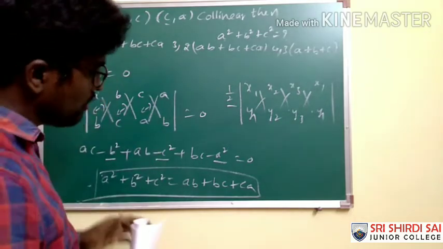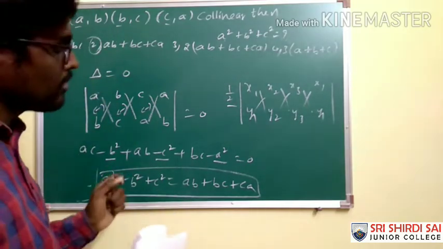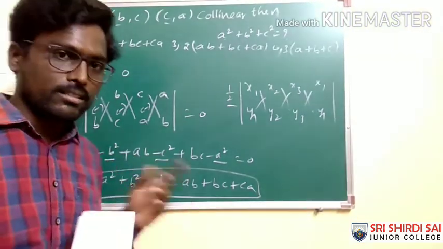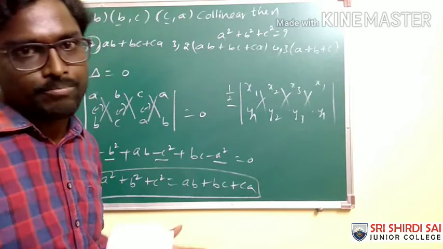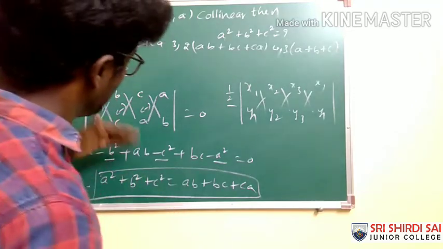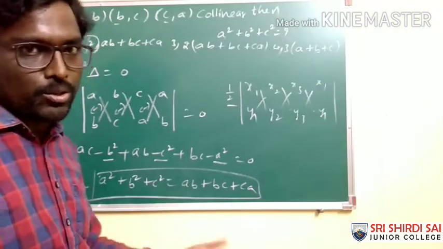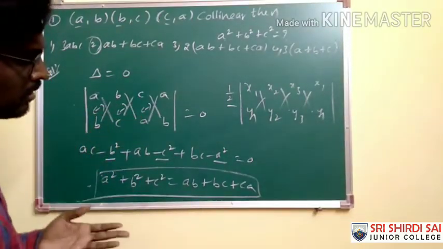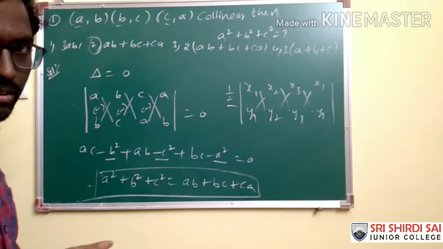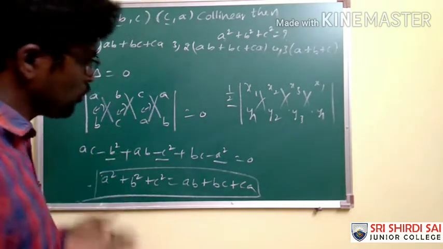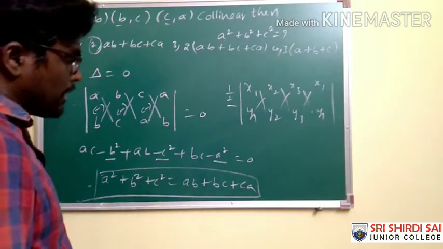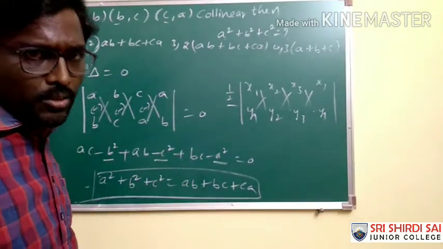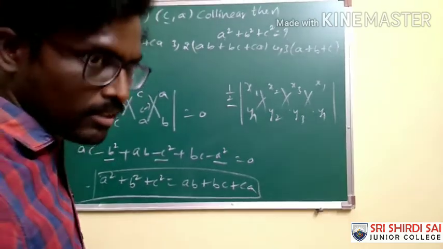I want to tell you the same problem with the help of the other formula, so that you can understand the time difference between this method and the next method we are going to discuss. To discuss this particular method, I think not more than 1 minute is required to solve. Since I am explaining, it may go beyond that. If you apply it like this, not more than 1 minute is required. Okay, fine. So let's see the next method.